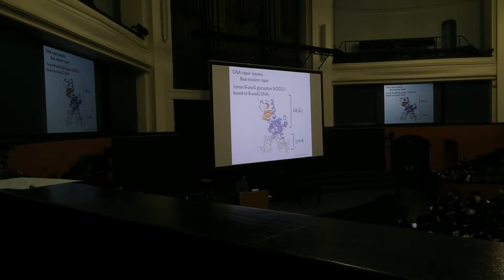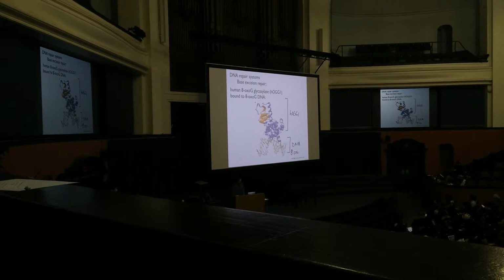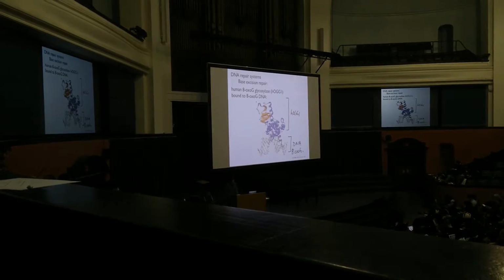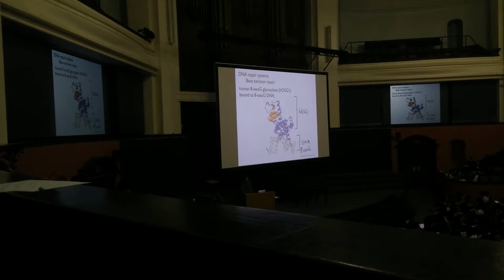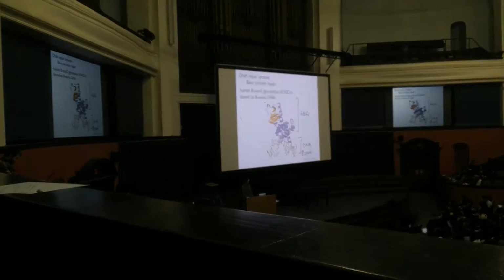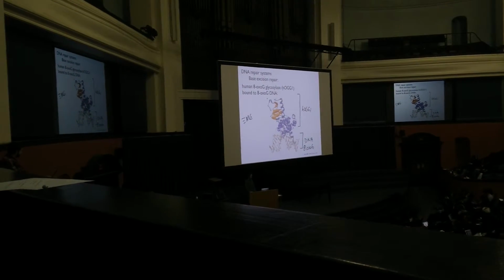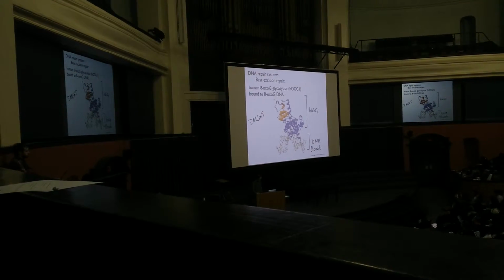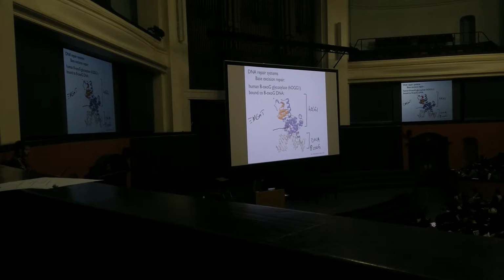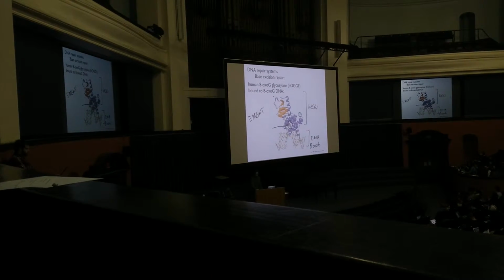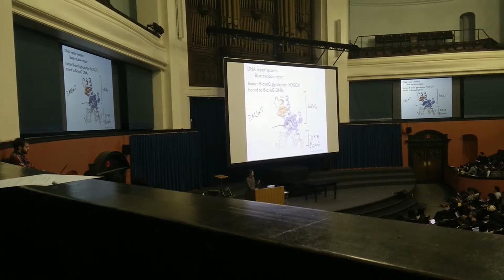And the DNA contains an 8-oxo-G base. So what are the interesting features? Well, it's a little bit similar to MGMT in that the damaged base, which is a little bit hard to see, but it's right here, is actually extrahelical.